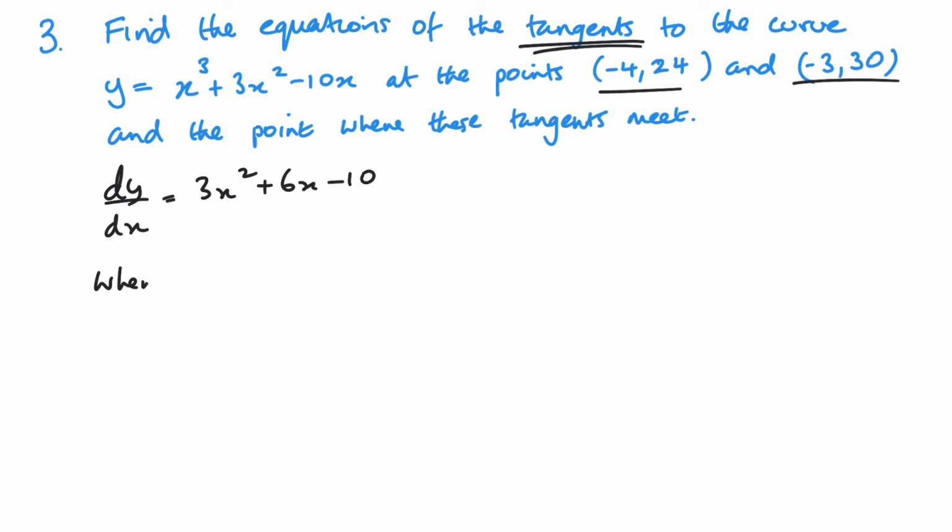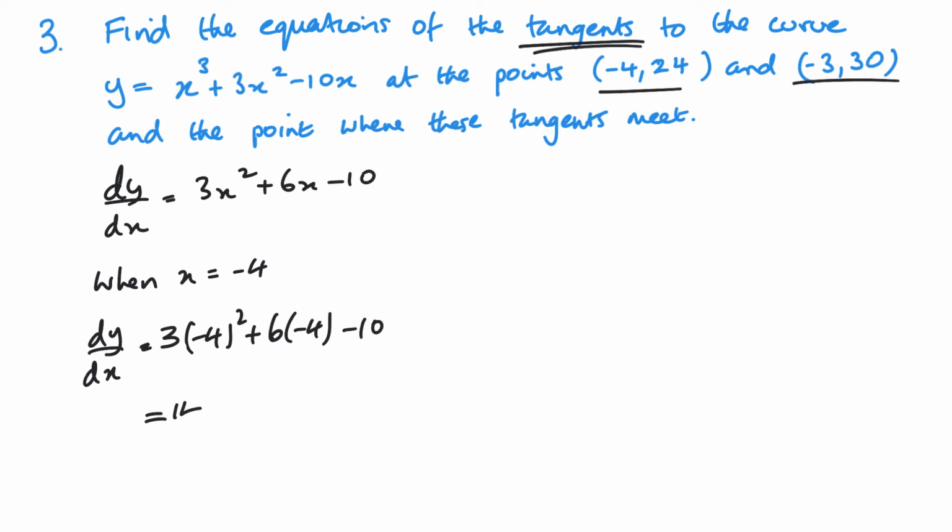Now, when x equals negative 4, my dy by dx is going to be 3 lots of minus 4 squared plus 6 lots of minus 4 minus 10. And that will give me 14. So for my first tangent, the gradient is 14 and the coordinate is negative 4 and 24.